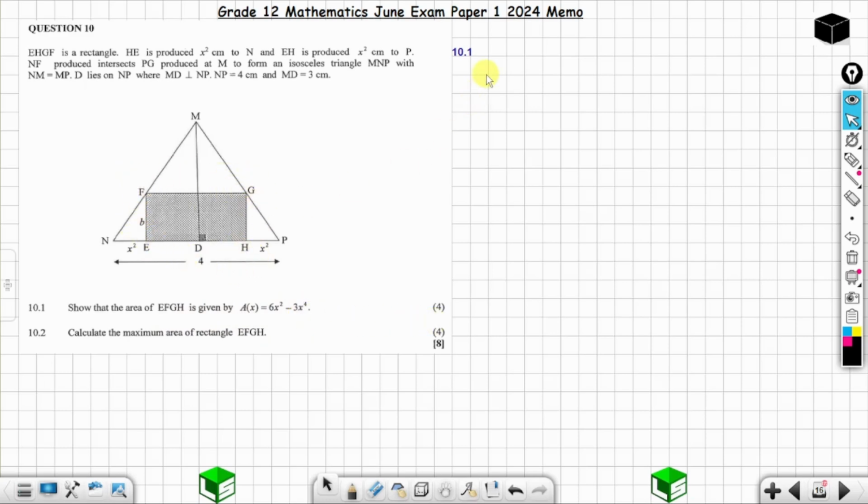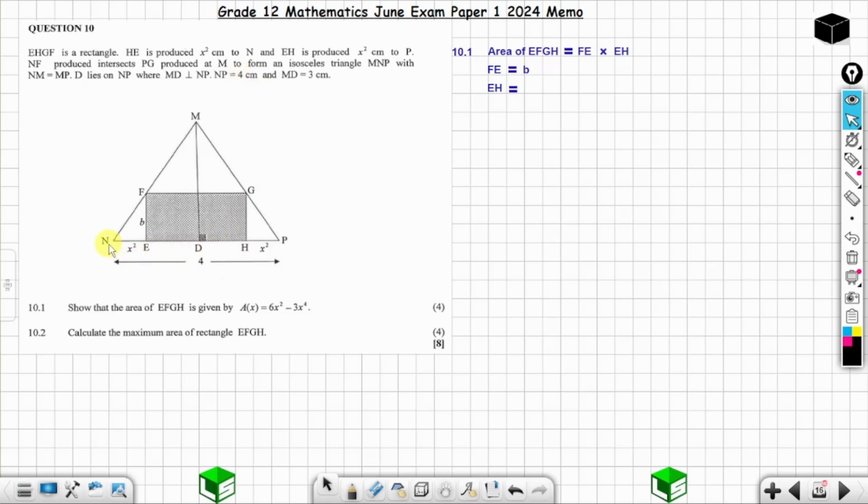Okay, the area of a rectangle is equal to FE times EH. FE is equal to B, and EH is equal to, you have from N to P, you have 4 centimeter.